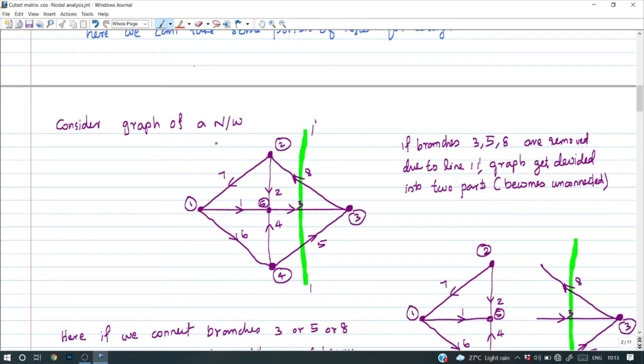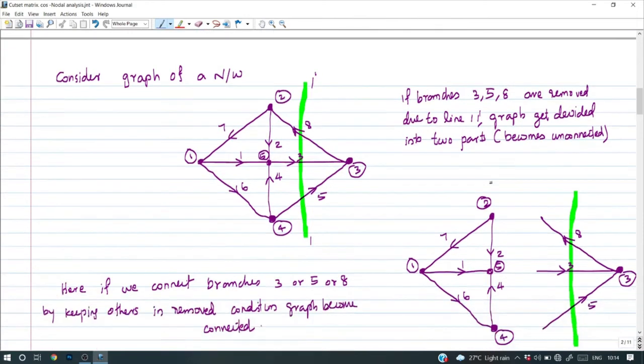Now let's consider the graph of a given network, say this one. If we draw a line like above, say 1, 1 dash, this graph is divided into two. If branches 3, 5, 8 are removed due to line 1, 1 dash, the graph gets divided into two parts. The graph becomes unconnected like this.